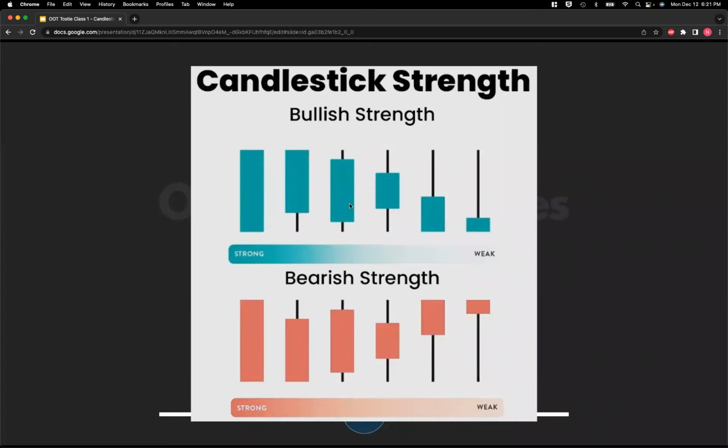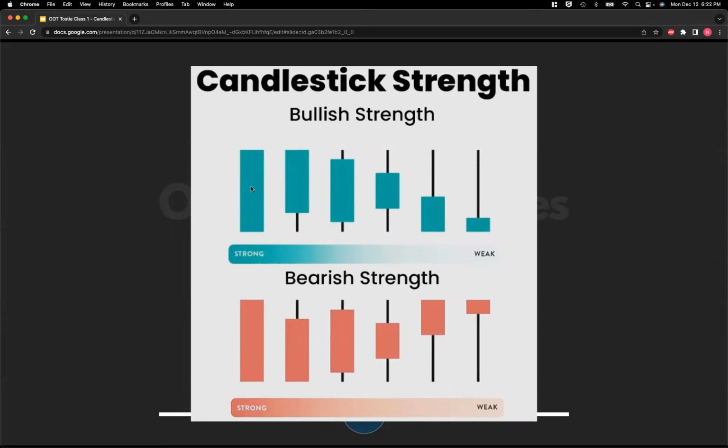That's the disconnect between buyers and sellers. Buyers want the price to go up, sellers want the price to go down. If we look at this specific candlestick right here, comparing the open price to the close price, in no situation was there a point where sellers controlled this candlestick.